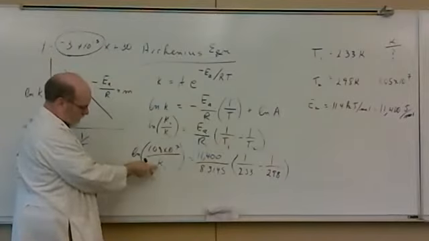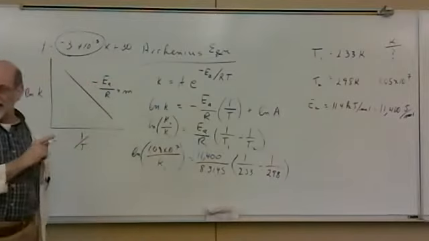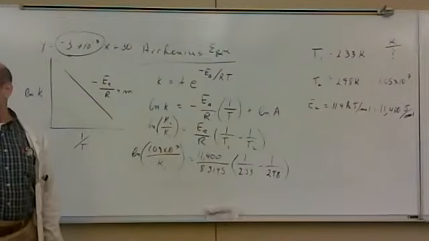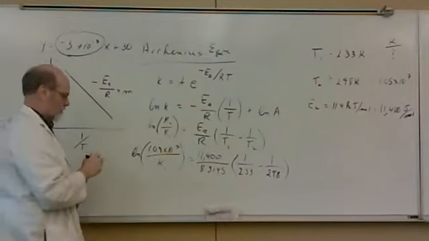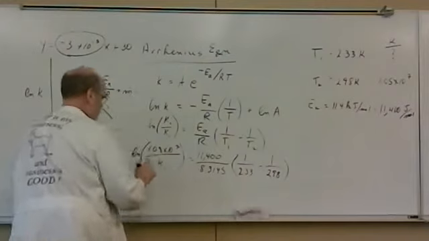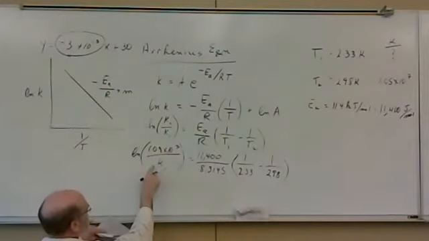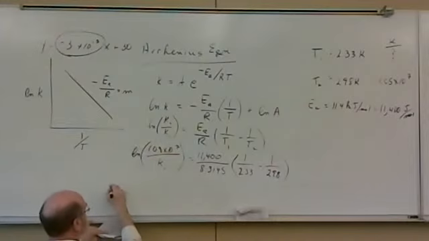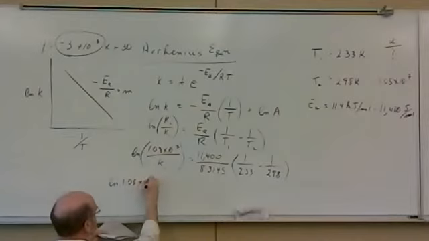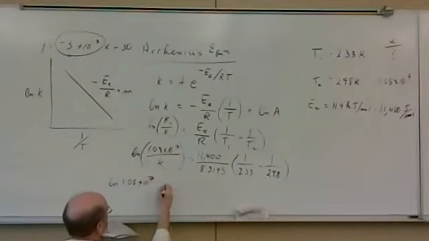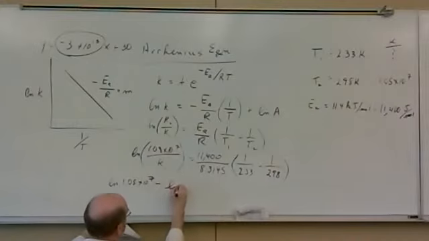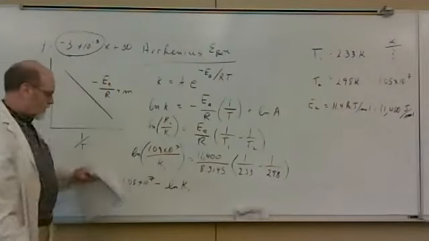This one, since that's an unknown, you got to be able to get that K1 out of there so you can solve for it. You have to convert this log to its equivalent. Log 1.08 times 10 to the 7th minus log K1. Why is it?